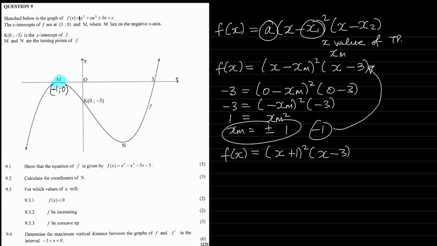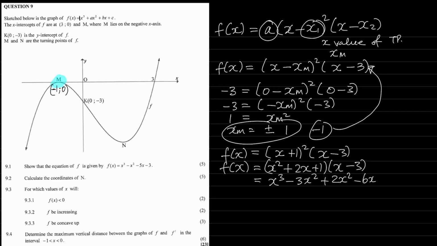Let's expand. F of x is equal to x squared plus 2x plus 1 multiplied by x minus 3. We can expand further. X to the power of 3 minus 3x squared plus 2x squared minus 6x, and then plus x and minus 3.